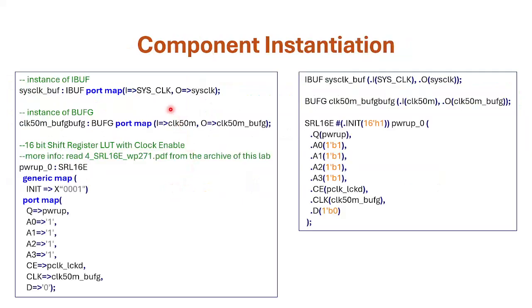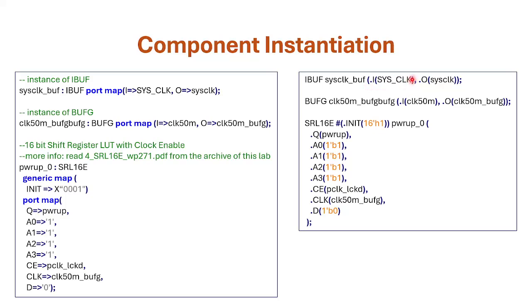In terms of instantiating and creating instances of different entities in VHDL, this is how you would do. We use what's called port map to instantiate an entity called iBuffer, to which we give a certain optional name and make the connections I and O to the local signals where we want to instantiate this, to the local signals sys underscore clock and sys clock.